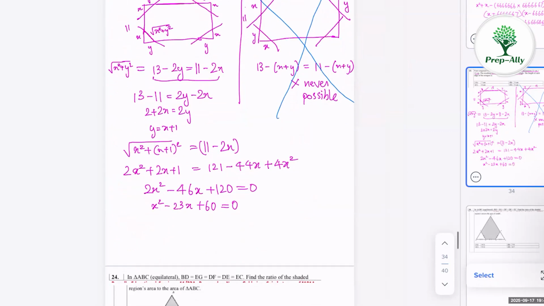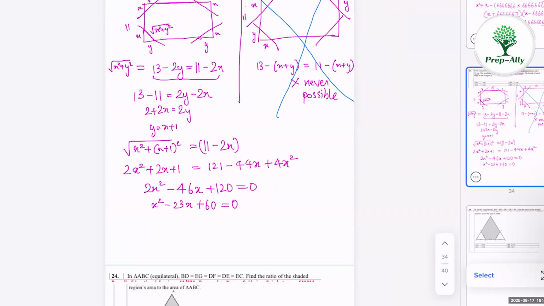Now from here we can find x. So what is the value of x? X equals 23 plus or minus square root of 23 square is 529 minus 4 times 60, that's 240, divided by 2.